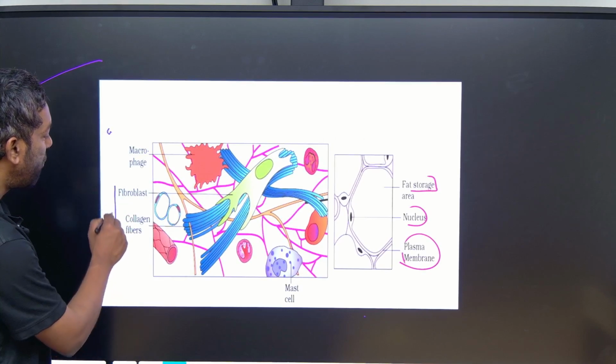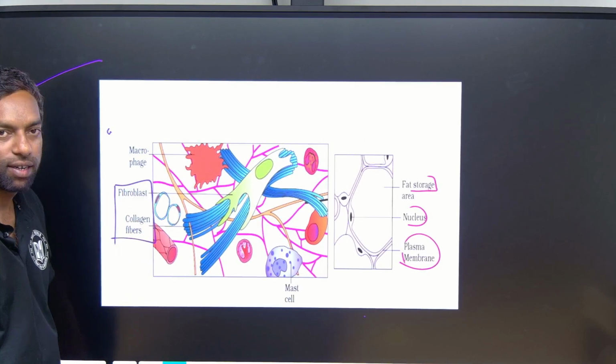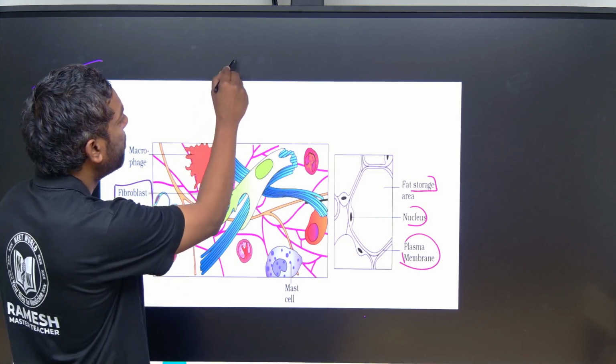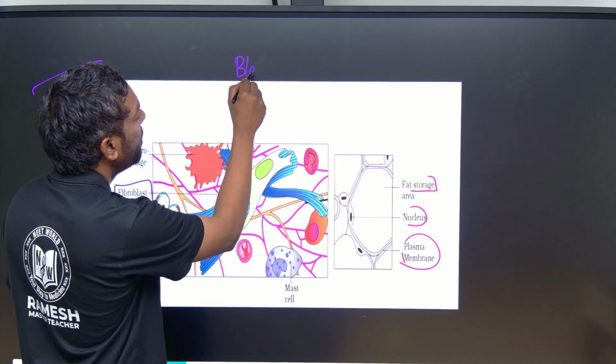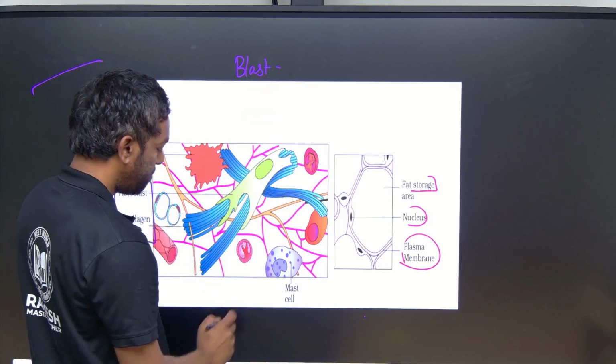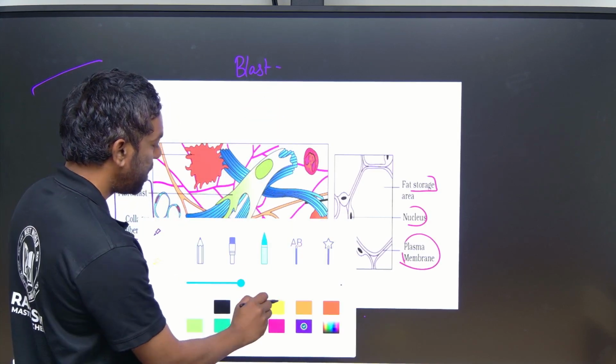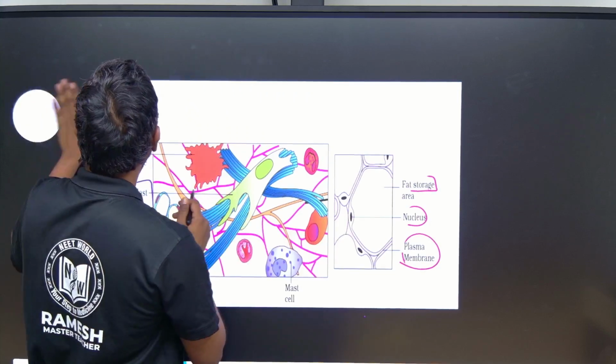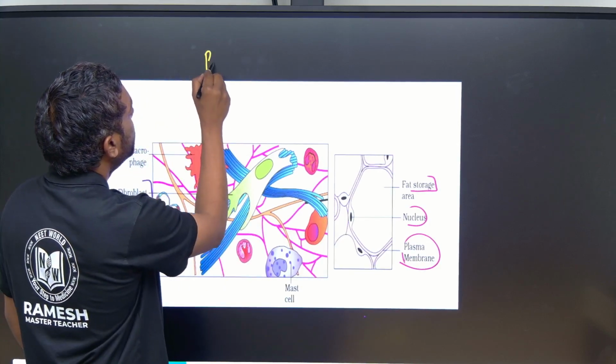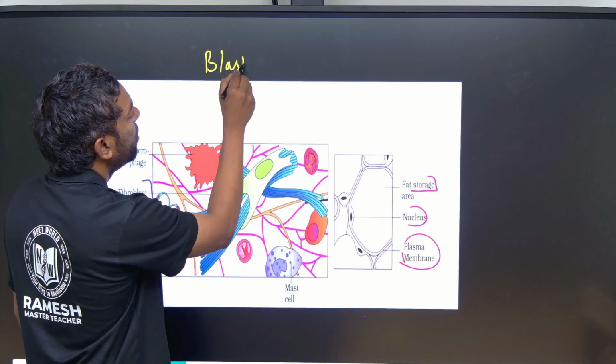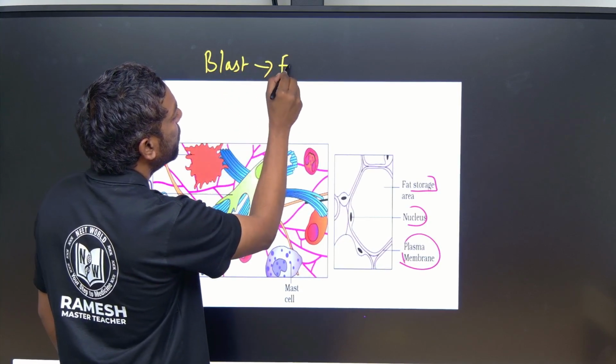But what about fibroblast and collagen? Blast means to form, to produce.